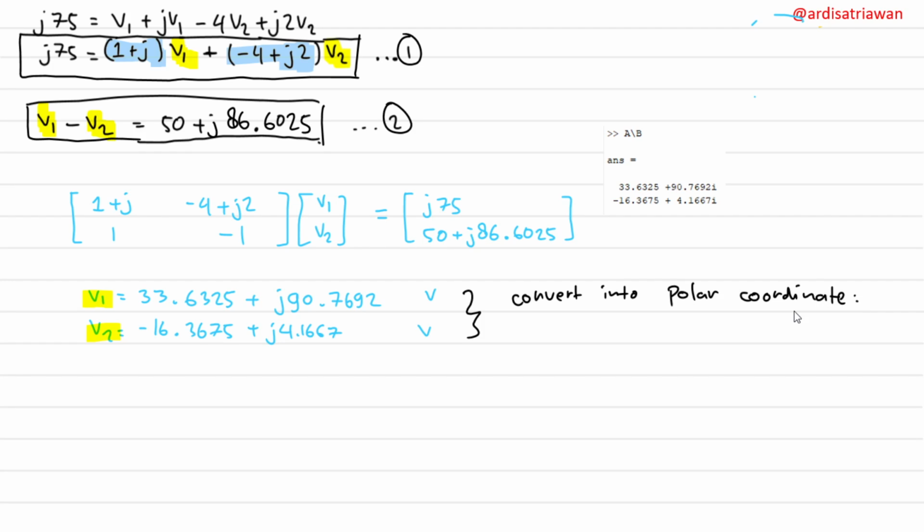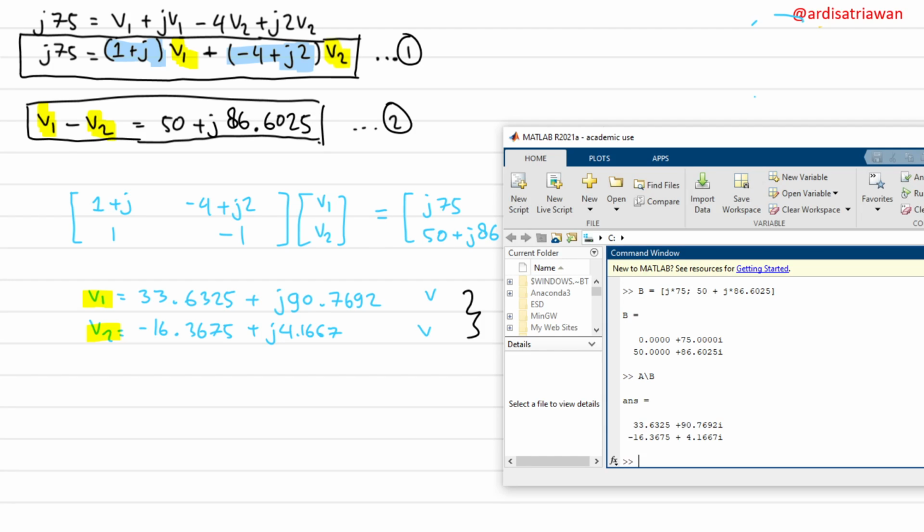What tools can we use? We can use MATLAB. To convert from Cartesian to polar, we need to use cart2pol, and then the values are 33.6325 and 0.692.